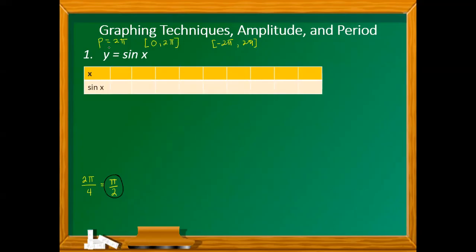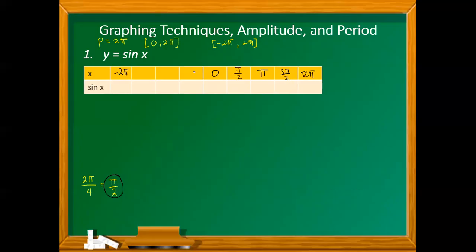So if this is negative 2 pi and this is 2 pi here, which are the boundaries of the period interval, and we subtract pi over 2 from 2 pi, we'll have 3 pi over 2 here. And then less pi over 2 again, we have pi here. And then less pi over 2, this is pi over 2. And then pi over 2 less pi over 2, this is 0.